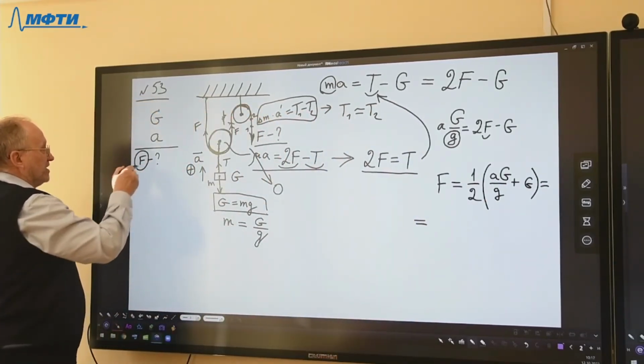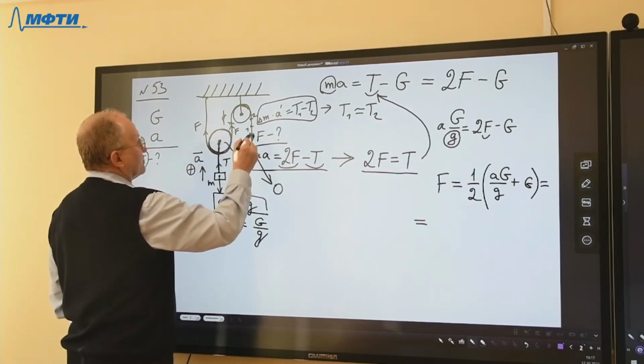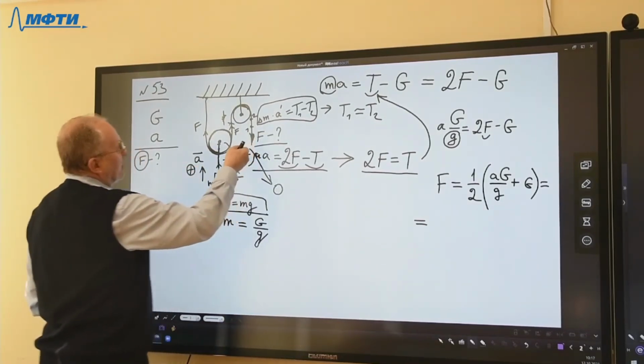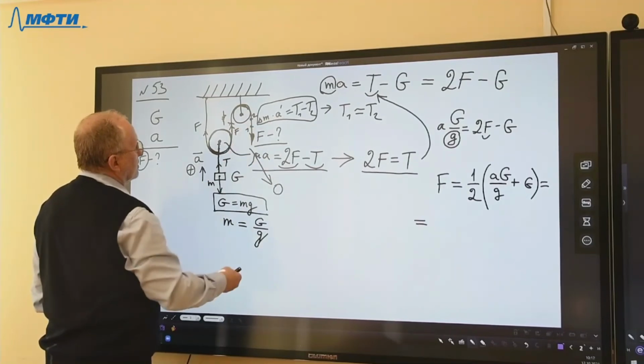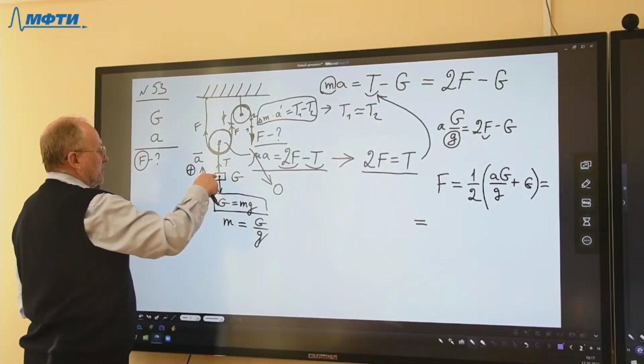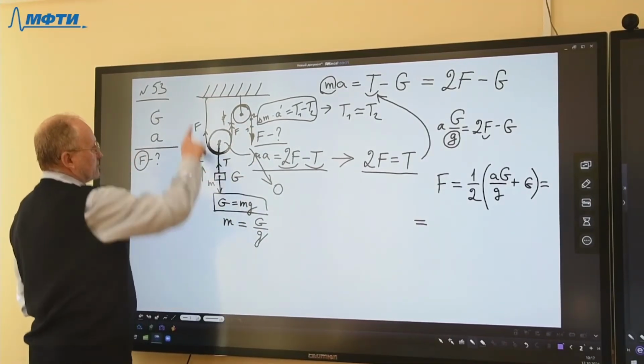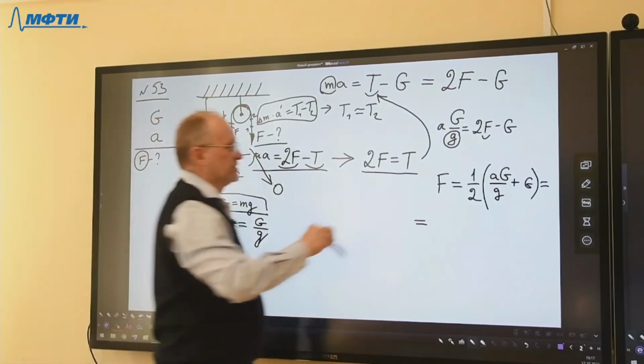We have to find force F. We have to find this force with which we must pull the end of the string so that the given body has the acceleration A upward. We have found this force.